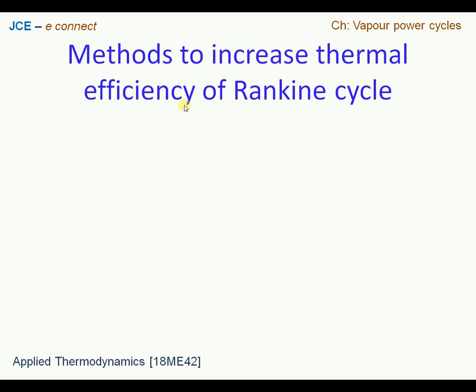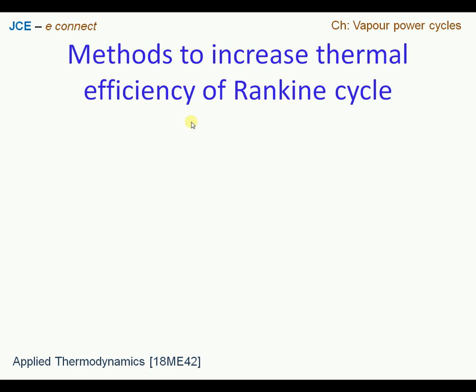Method number one was lowering the condenser pressure, on a TS plot. If we lower the condenser pressure, then the amount of heat that is rejected can be saved, and that will obviously help in improving the thermal efficiency.